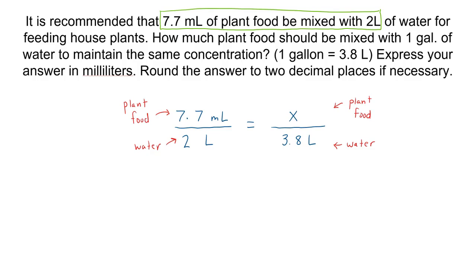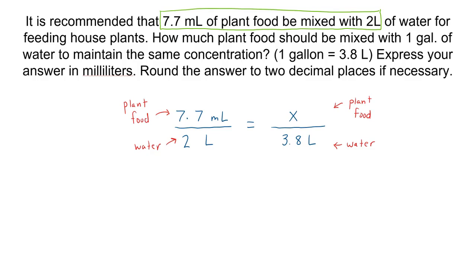Well, I'm told that I want to mix this certain amount of plant food with 1 gallon of water. Well, on the left, our water is listed in units of liters. So on the right, our water has to be in liters as well. In other words, when I'm solving these types of problems, I can't mix my units.